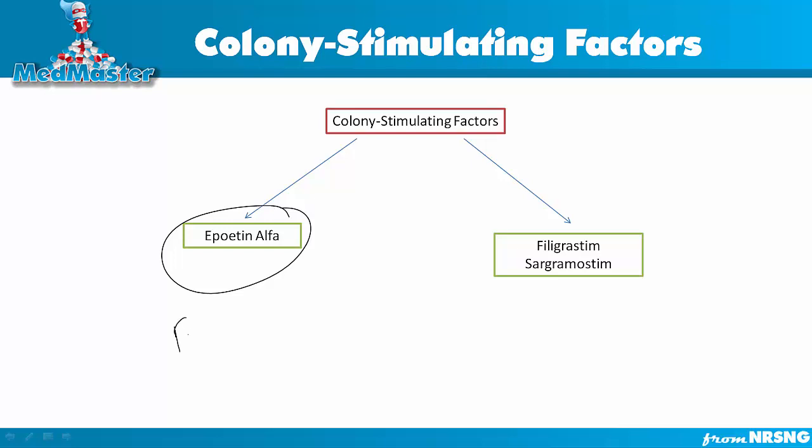This one is for RBCs, that means red blood cells. This one is for white blood cells. Whenever you give Epoetin Alfa to a patient, it increases the red blood cell count, and these two are used to increase the white blood cell counts. Let's talk a little bit more about the Epoetin Alfa.